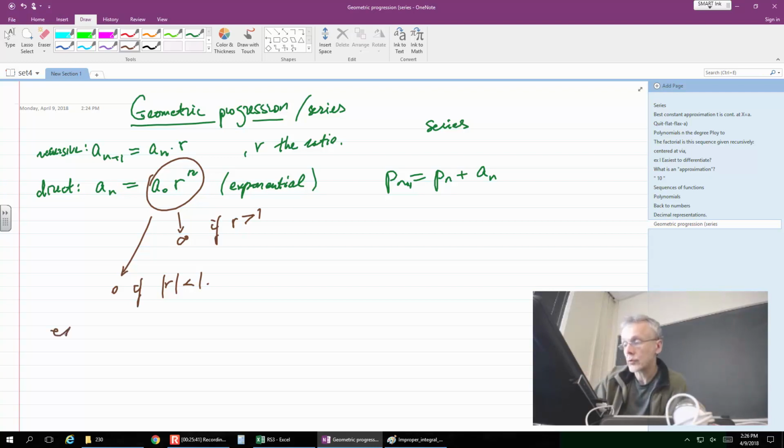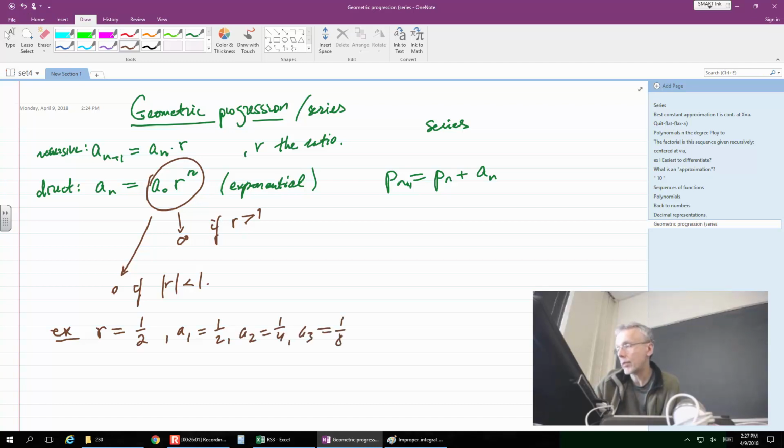R is equal to 1/2, right? So you multiply by 1/2 every time, and say a naught is equal to 1. Well, let's say a1 is equal to 1/2, a2 is equal to 1/4, a3 is equal to 1/8, and so on. That's a geometric sequence, 1 over 2 to the n, on and on.